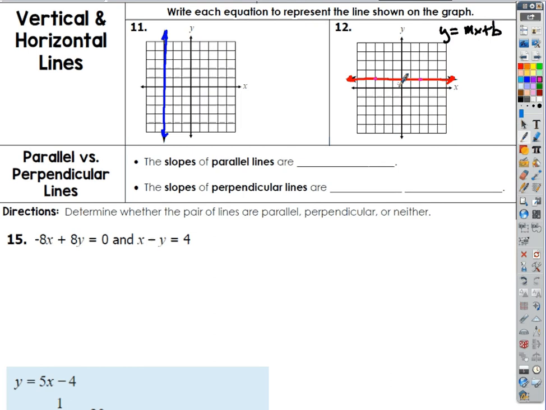So if I plug in 0 for m and 1 for b, I get y equals 0 times x plus 1. What's 0 times x? 0, right? So I get the answer, y equals 1 is my equation.